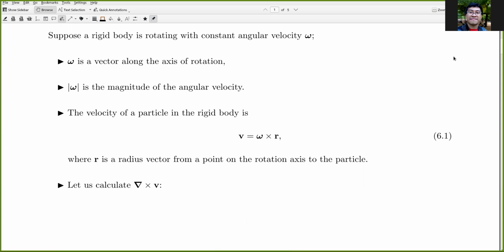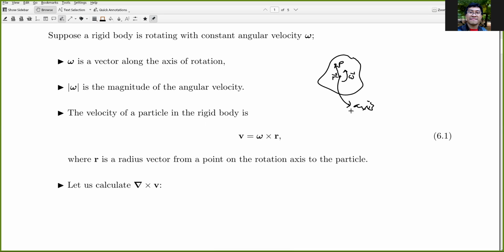To better visualize this one, suppose this is the object. This object, at a certain axis, is rotating with an angular velocity omega. So if you want to pick, let's say, a point here, point P, relative to the axis, it is at a distance r.